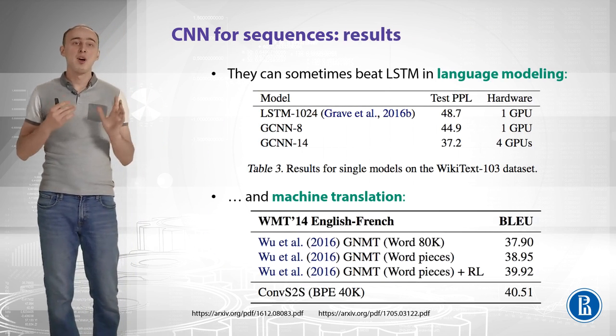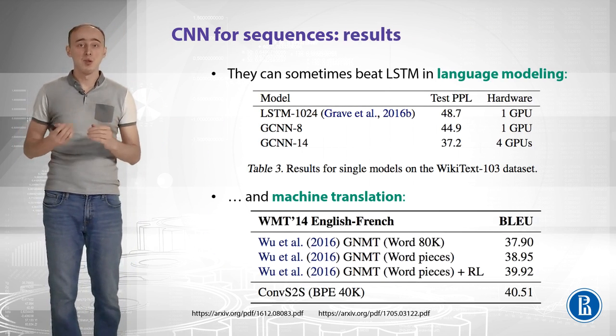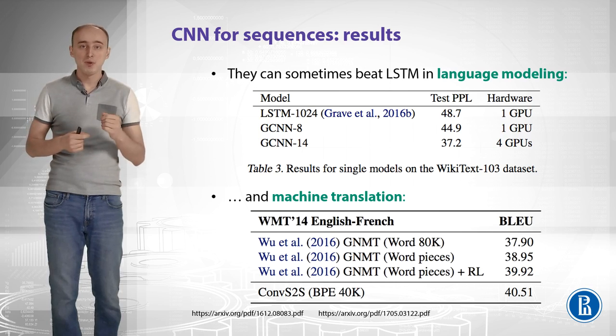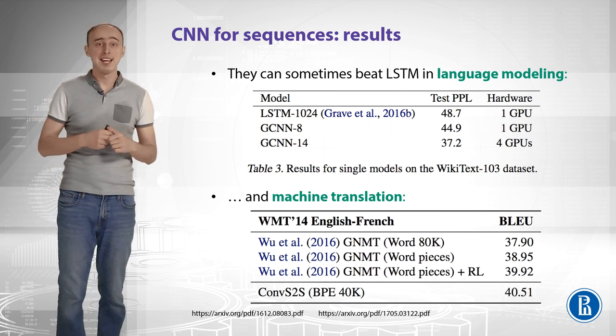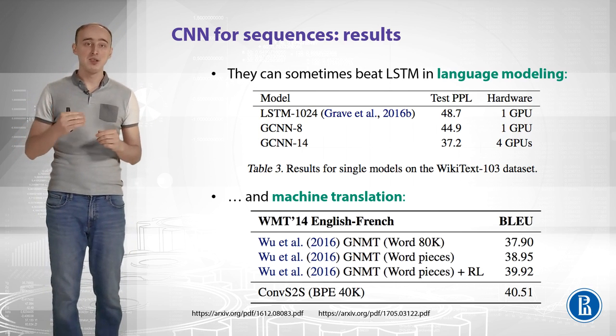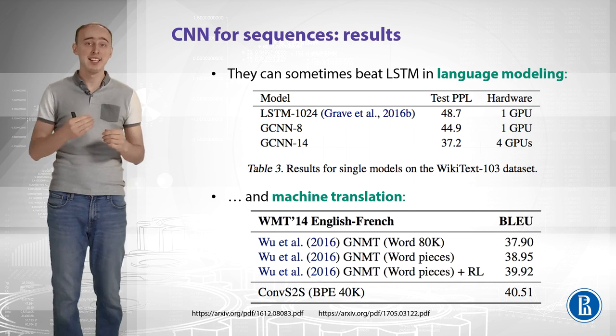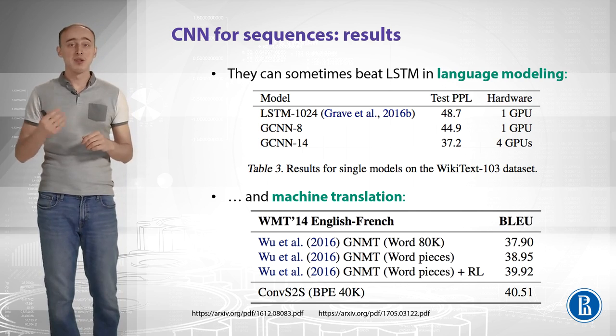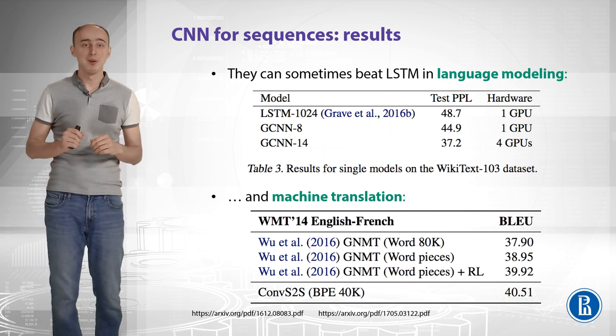Okay, let's see how CNNs work for sequences. The authors provided the results on a language modeling dataset, which is Wikitext 103. And you can see that this CNN architecture actually beats LSTM. It has lower perplexity, and it actually runs faster. We will go into that a little bit later.